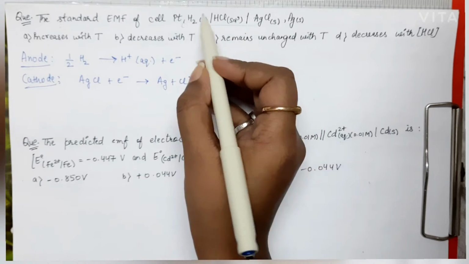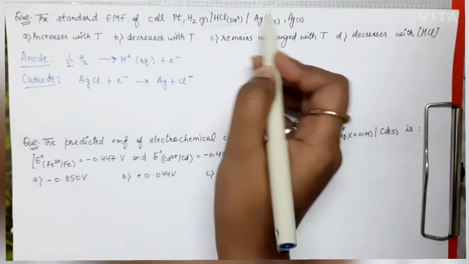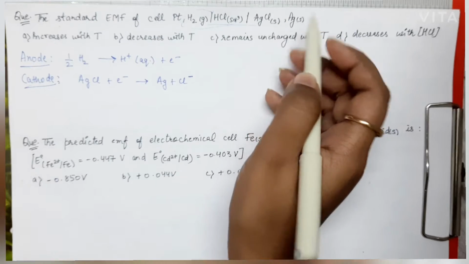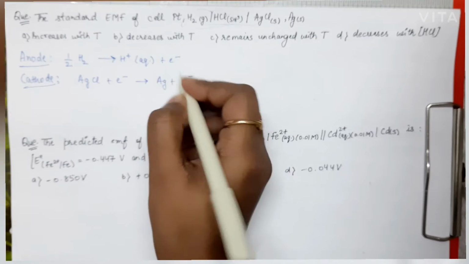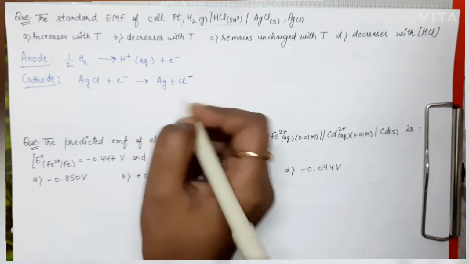So this is basically showing the anodic compartment and this one is showing the cathodic compartment, right? So these will be the reactions happening at anode and cathode respectively.